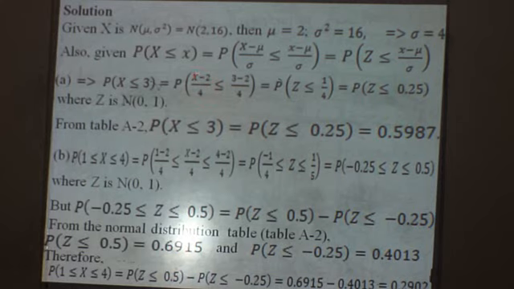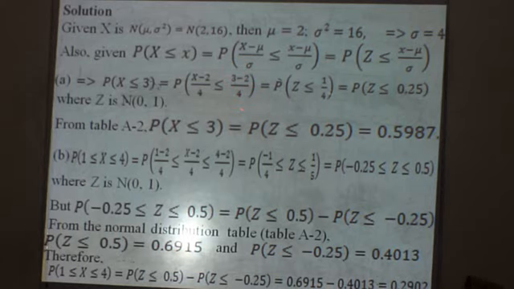So it will be capital X minus the population mean divided by the population standard deviation, and that will give us the population standard score Z, being less than or equal to the sample random variable, which is 3, minus the mean 2 divided by 4.